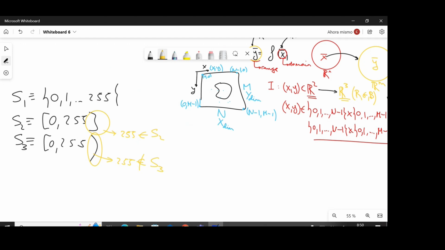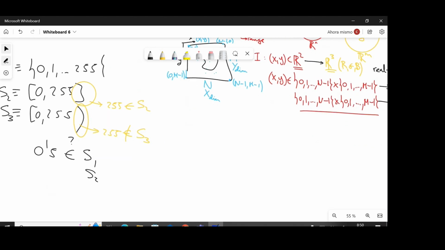There's a difference between these three sets. What about 0.5? Does it belong to S1, to S2, to S3? Does it belong to S3?